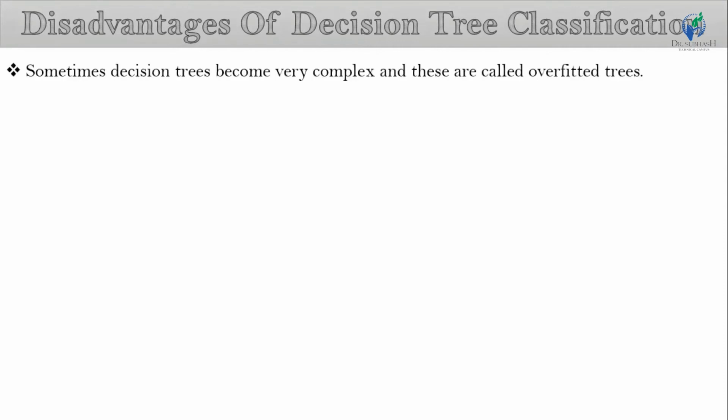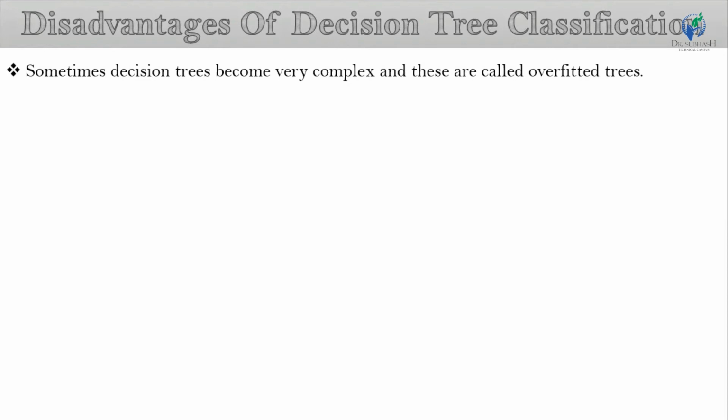Now I will explain the disadvantages of decision tree classification. Here I have explained various demerits of decision tree classification. So first one is sometimes the decision tree becomes very complex, and these are called overfitted trees.